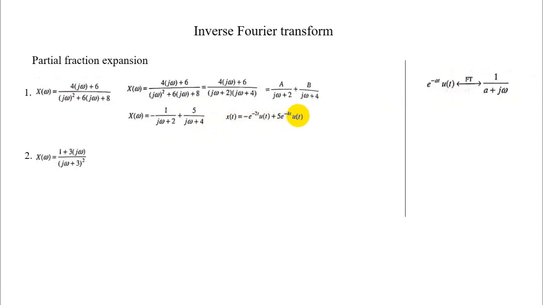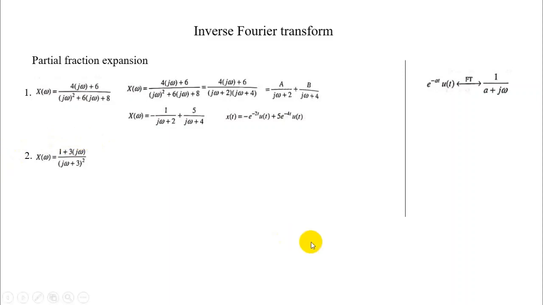So basically in this video I discuss how we should partially fractionize the given term, and then how to perform the Fourier transformation.